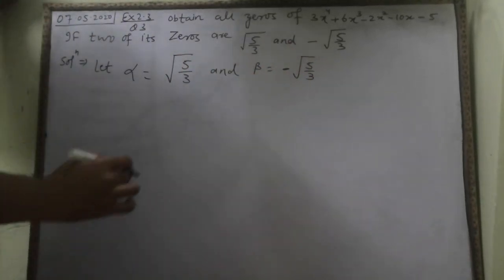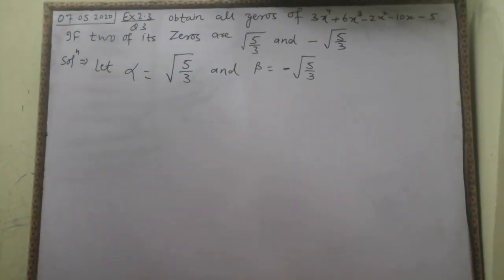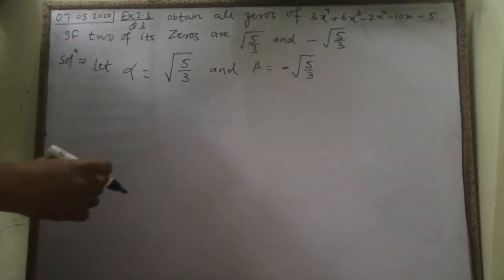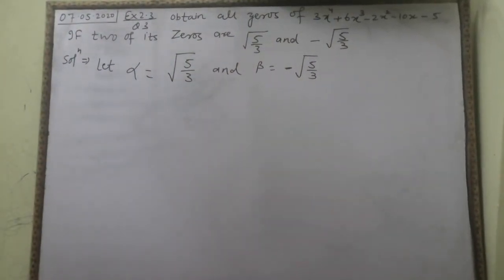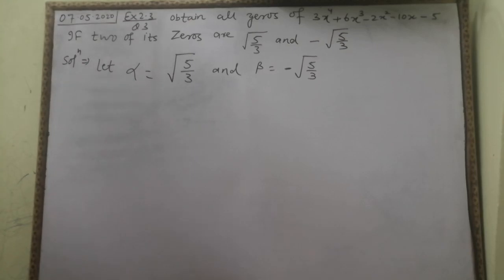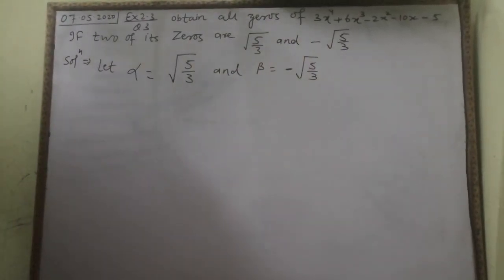You can take any one as alpha and any one as beta. You can also take alpha equal to minus root 5 by 3 and beta equal to root 5 by 3. No need to do what I have done. Okay. Now after this we will find the sum of zeros.